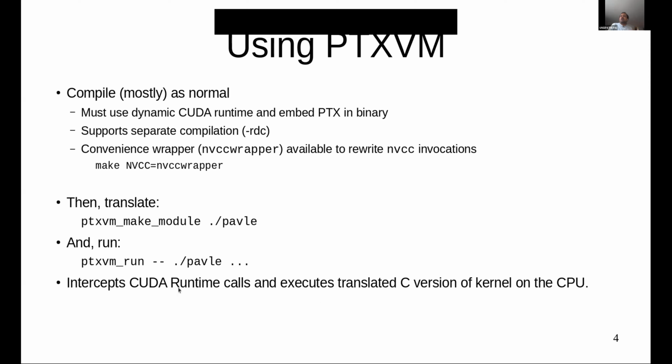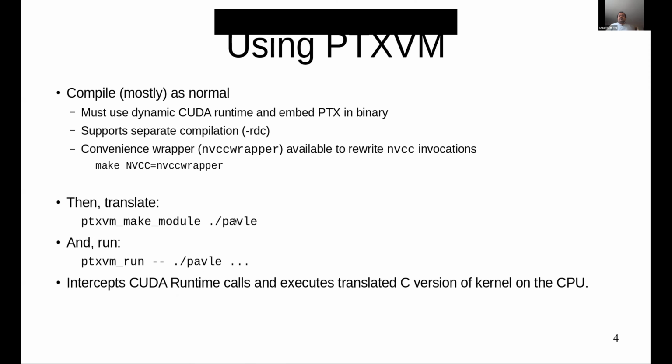And what PTXVM run does is, like in most tools that simulate CUDA programs, it will intercept the CUDA runtime calls, and instead of running them on the GPU, it will actually run the translated versions of the kernels on the CPU. So no GPU is required to run these programs now. So the process just adds on to whatever existing method for compilation you have and doesn't require any major changes.